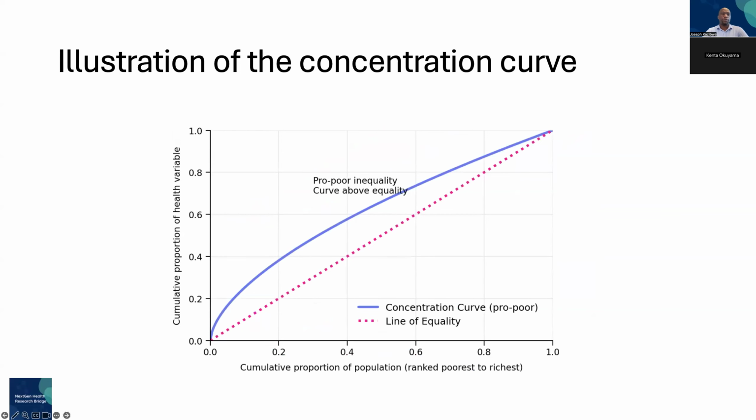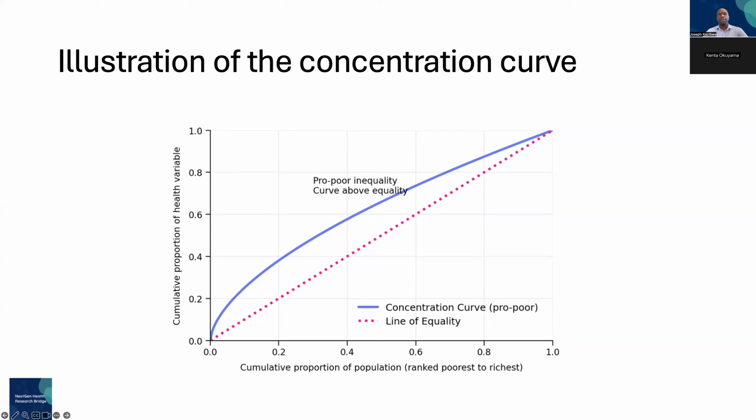So in the graph before, the curve was below the line of equality. And when the concentration curve is below the line of equality, then it means that the inequality is pro-rich. That indicates that the rich actually benefit more in terms of the health variable that is being assessed.